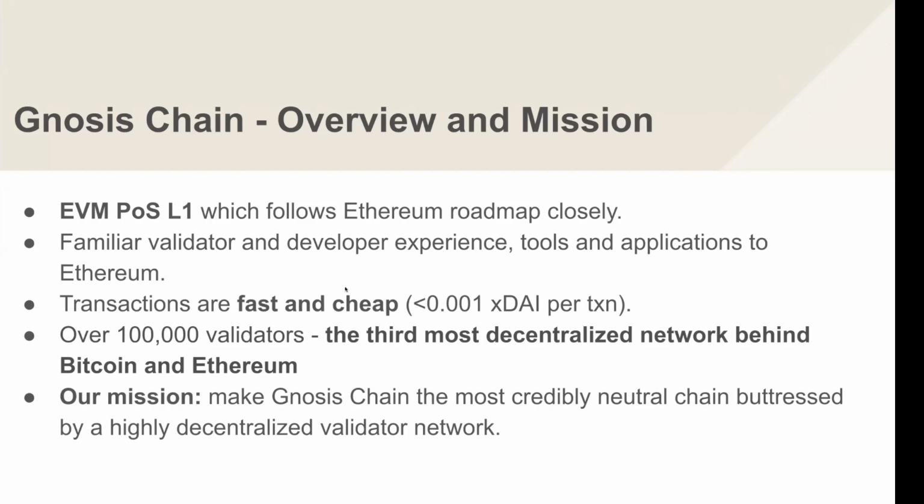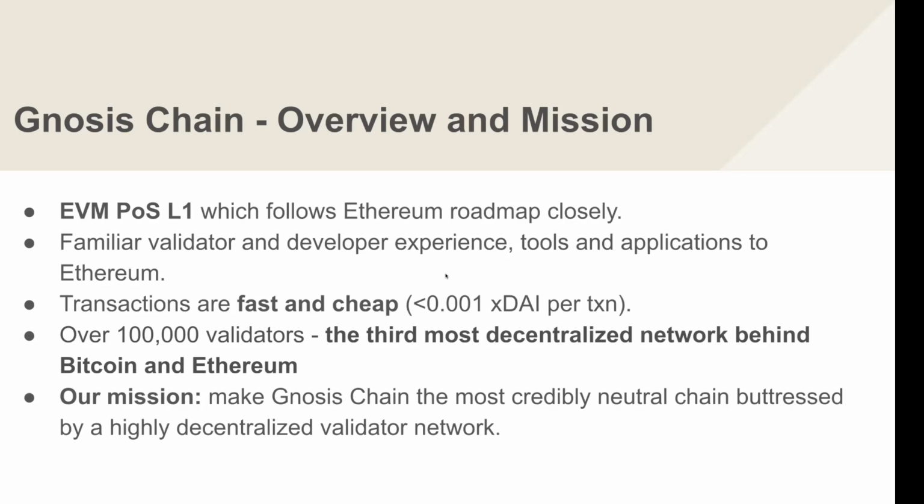Let me just take a look at this screen. The transactions are extremely cheap, lower than 0.001 of a token, so that's going to be in the cents range per transaction. We currently already have over 100,000 validator nodes all over the world. It's currently rated by the Nakamoto coefficient as the third most decentralized network after Bitcoin and Ethereum.